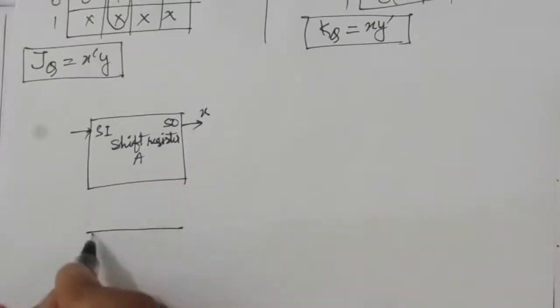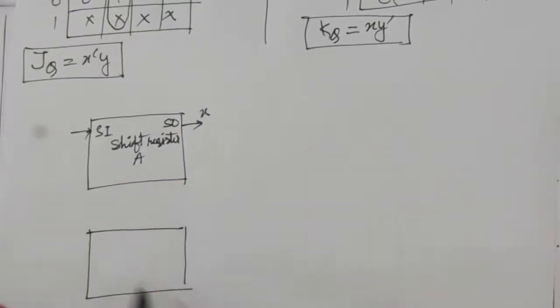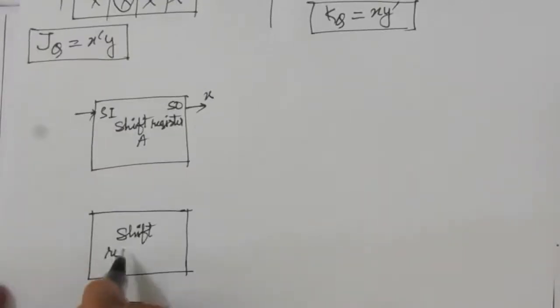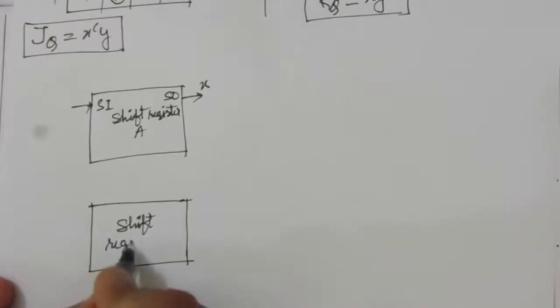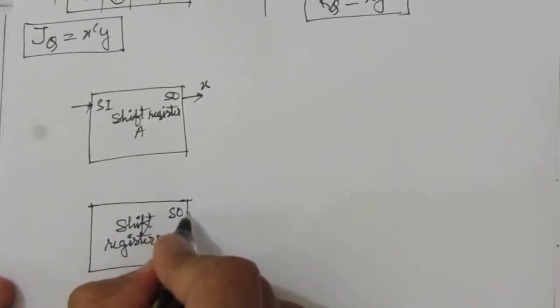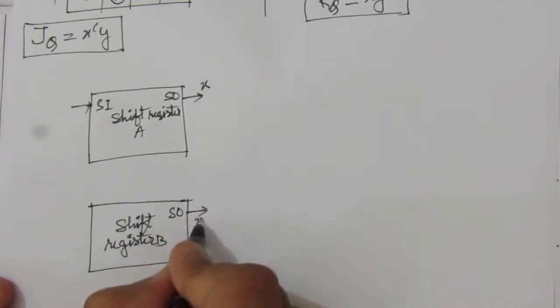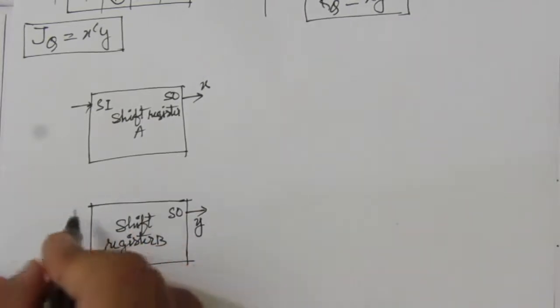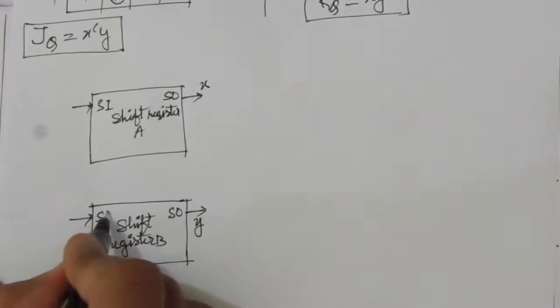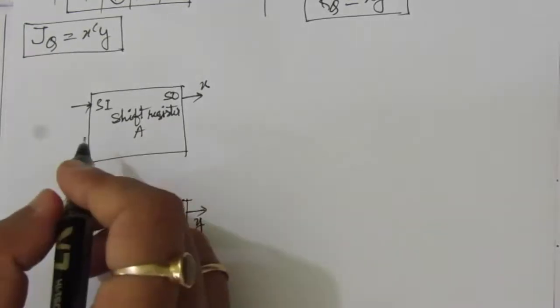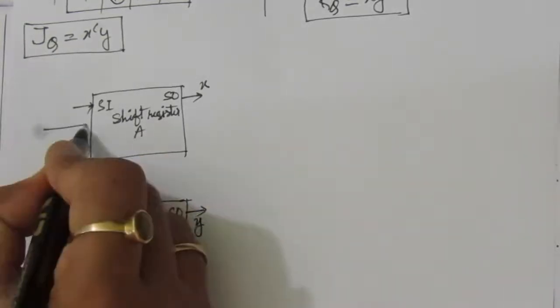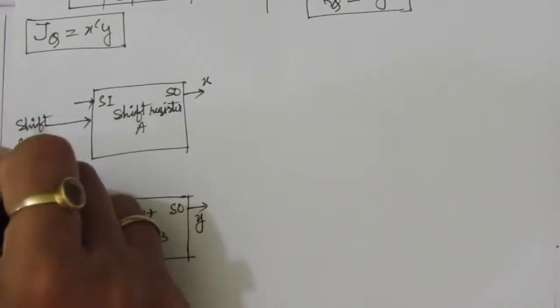Similarly, here we'll have the shift register B. Here we'll have the serial output. This is Y. Okay. So here we'll have the serial input. So here we have to apply the shift control.